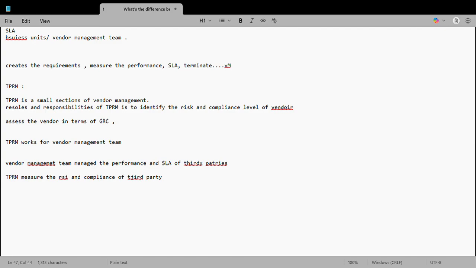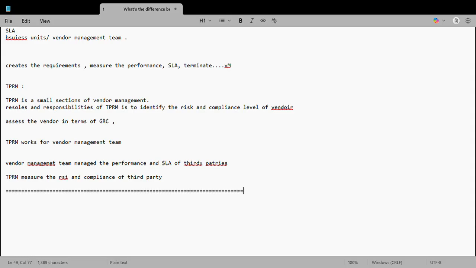Guys, don't go for the accuracy of spelling because I am typing at very high speed. So this is the actual difference between vendor management and third party risk management. If you still have any queries, guys, let me know, or you can set up a one-to-one session to understand this better.